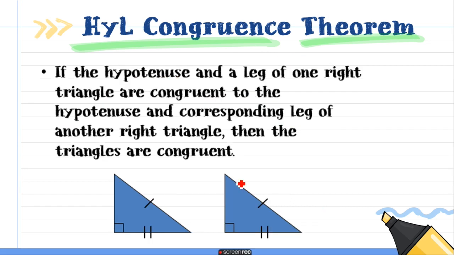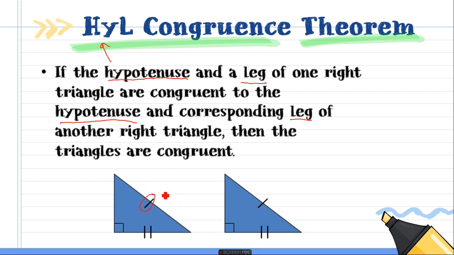The next theorem is the HYL Congruence Theorem. If the hypotenuse, HY, and a leg of one right triangle are congruent to the hypotenuse and the corresponding leg of another right triangle, then the triangles are congruent. Let's see again.